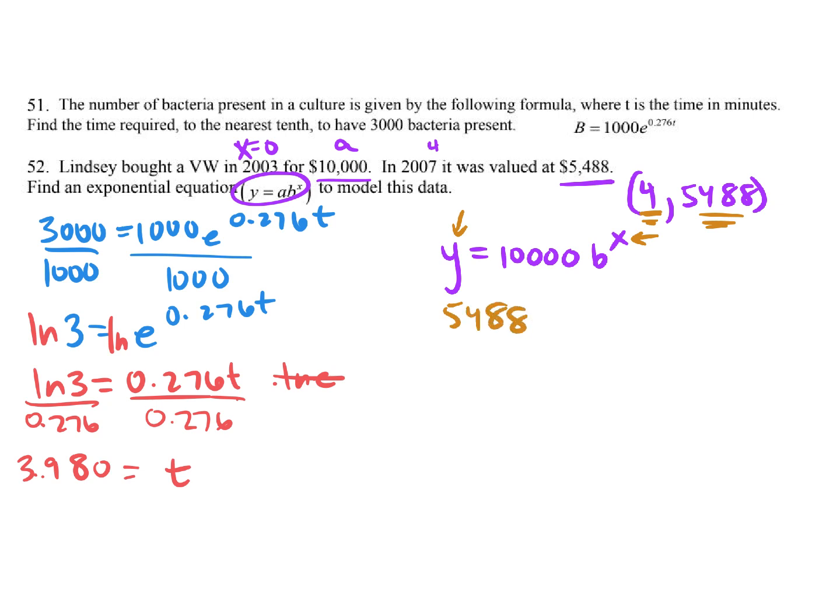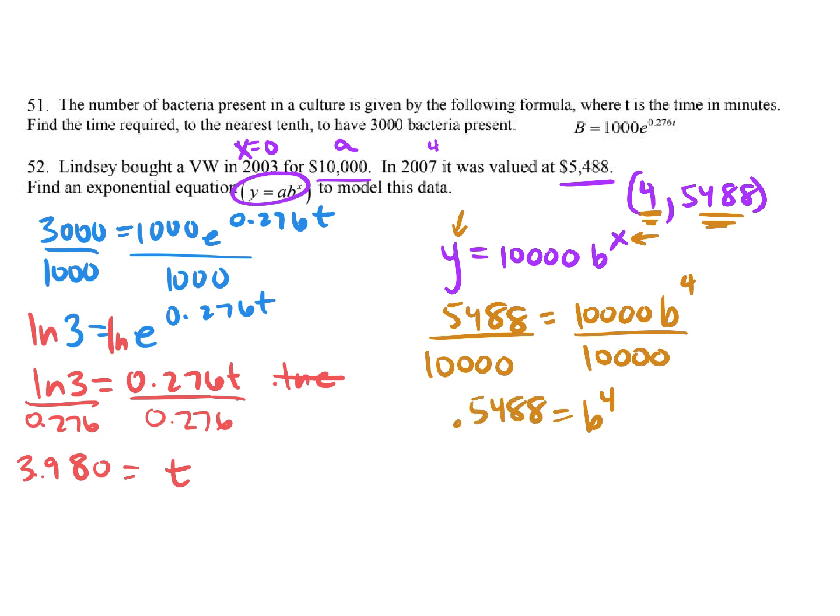So 5,488 equals 10,000 b to the 4th. So we're going to divide by 10,000. B to the 4th is equal to that expression. And since that is a very clear decimal, no random pieces that keep going on, that means we've got b to the 4th is there.